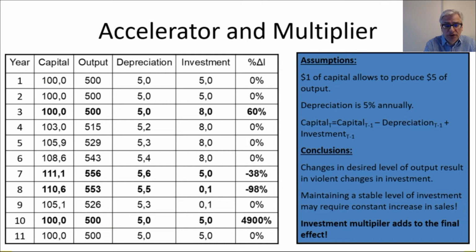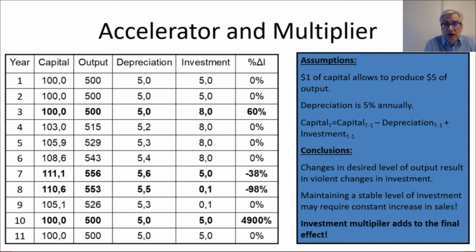A very small investment is something that we make, but actually we want to get our capital from the level of 111 for year 7 back to 100, and this back to 100 will be in year 10. So for 3 years actually we do not need that much investment, especially we do not buy over year number 8 and 9.